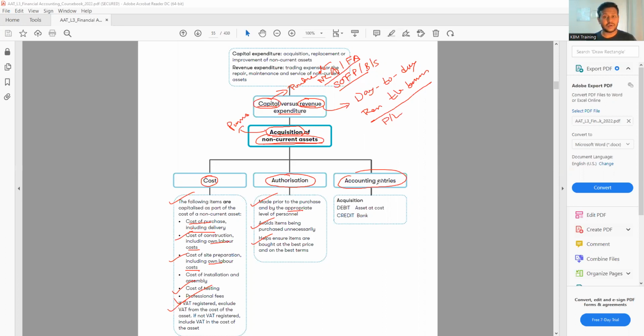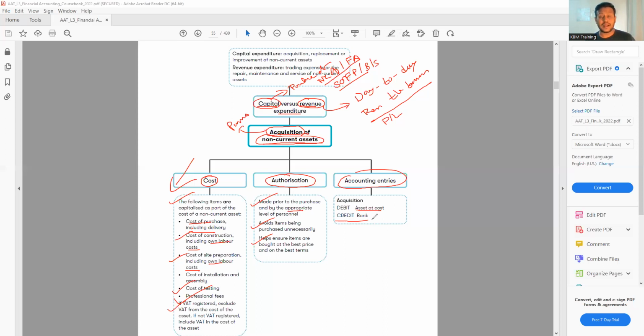Asset is always debit. If we buy an asset, the asset is coming to the business. So asset at cost: how much is the cost of the asset that we have calculated here? This cost will be debit. Asset at cost will be debit. And because of the buying of this asset, the money will go from the bank. So if we buy any asset, the money in the bank will be reduced, and for that reason the bank will be credit.